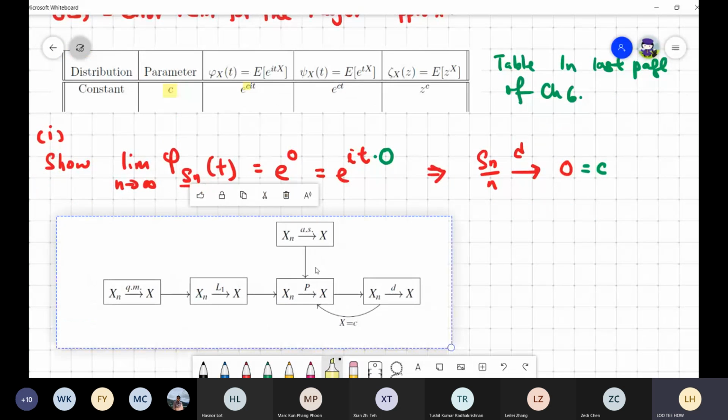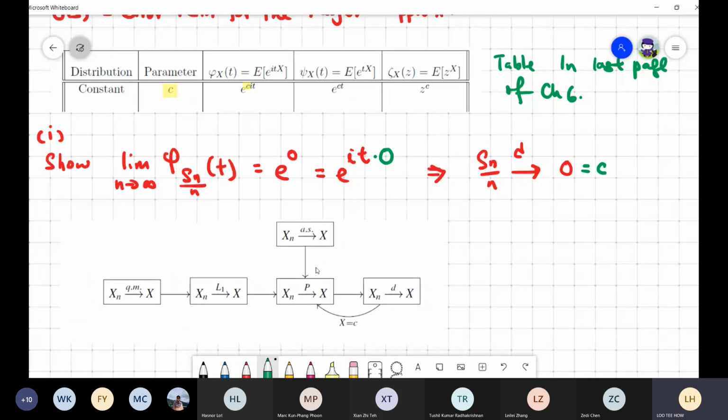This is the diagram in page 1 of chapter 5, sub A. I think you should know this. This diagram gives you the relationship among the five convergence types. What I am interested in is you just need to focus on just this one here.